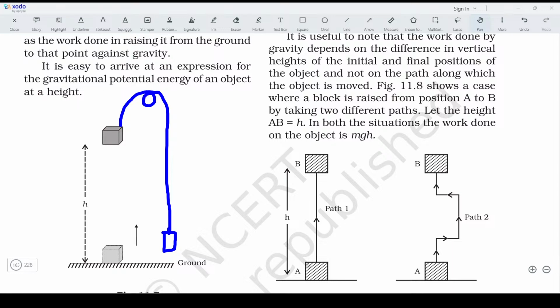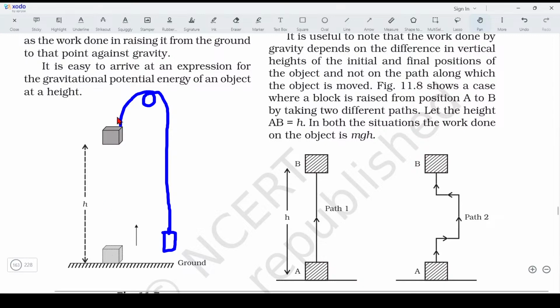Okay, so now tell me, when an object is raised up, this object is here. That means it has some energy. Now, in the first place, who gave this energy? Due to height, it got this energy, right.